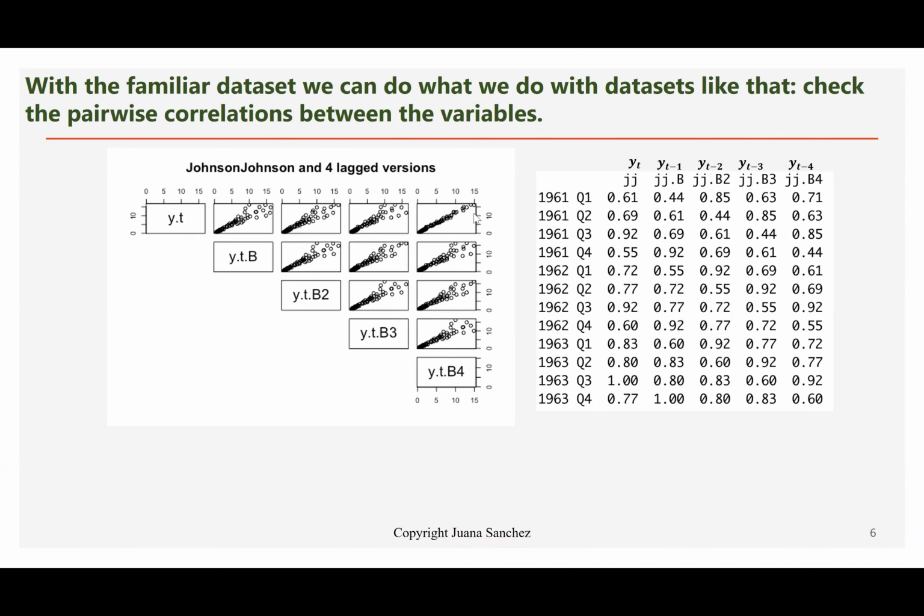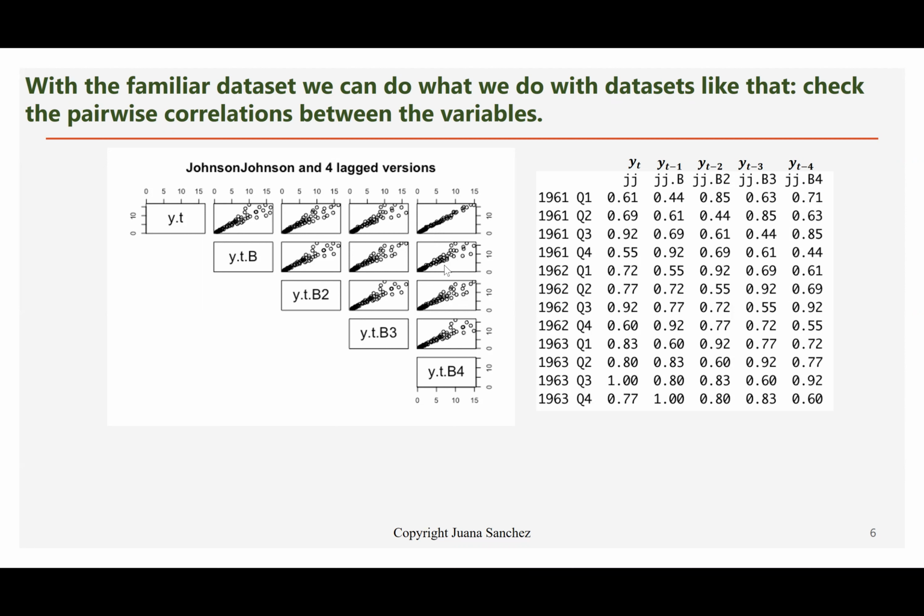And the correlation with y t minus 4 is given by this plot on the top. The other plots are showing the pairwise correlations between the different lagged versions of the time series.